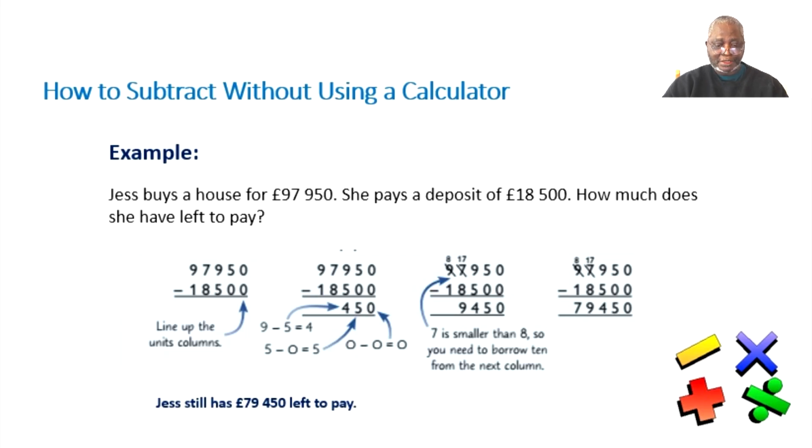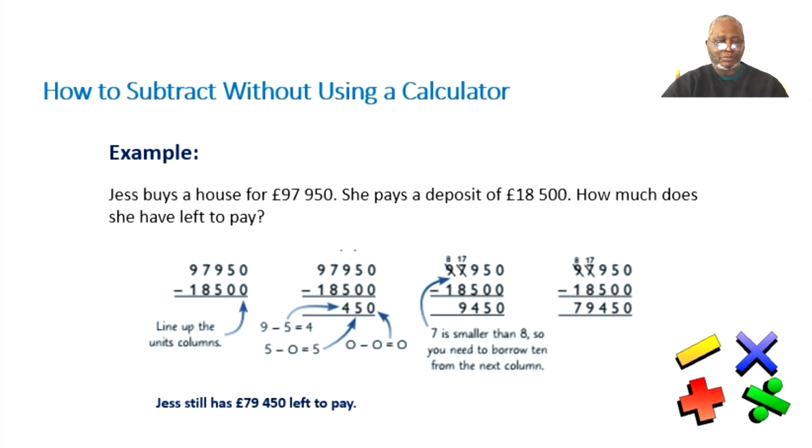And there's your answer, £79,450 to pay. Read the notes I made underneath each of the 4-step calculations, and you'll understand what I've done with each column.